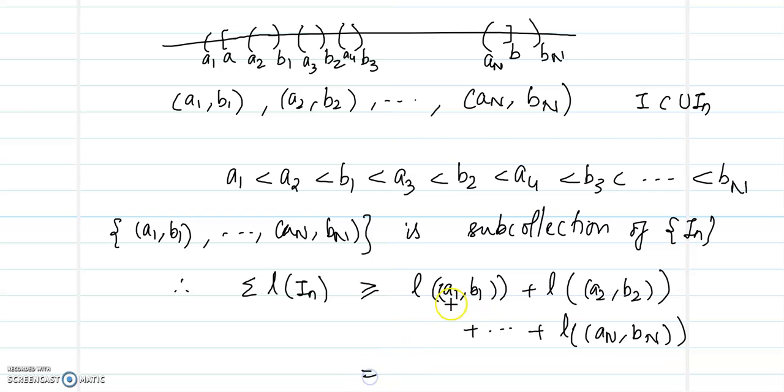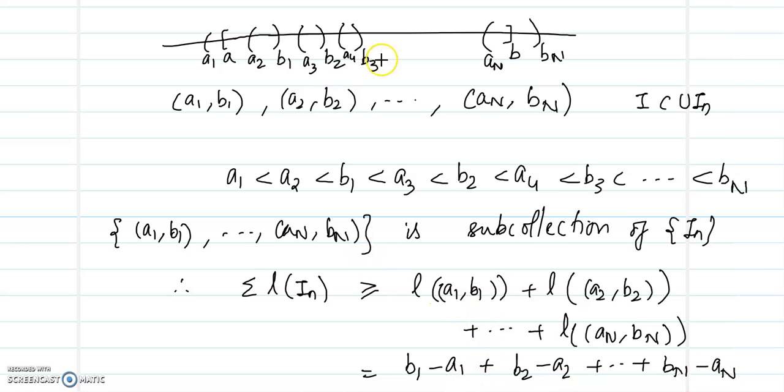Now, since these are intervals, the length will be equal to B1 minus A1, then length of A2, B2 will be B2 minus A2, plus etc., plus Bn minus An.